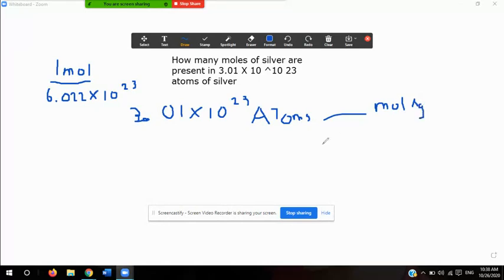So obviously, we know we have to cancel atoms of silver with atoms of silver. So we use Avogadro's number to cancel out the units, because remember, 1 mole of any element is assumed to contain 6.022 times 10 to the power 23 atoms, based on the investigations made by the Italian scientist Avogadro.